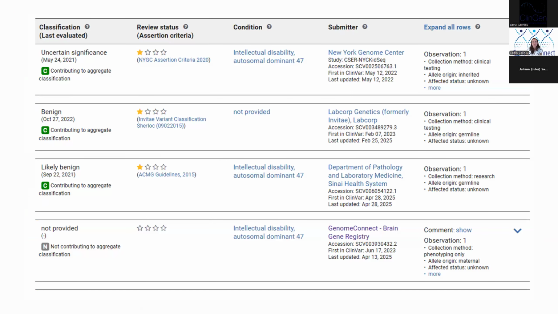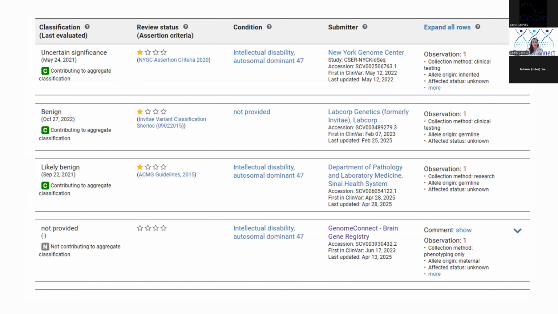Here is a screenshot of ClinVar, and all the way at the bottom, you can see a GenomeConnect submission. GenomeConnect does not classify variants ourselves. We report the classification that was on the laboratory report you gave to us, the classification provided by the laboratory that did the testing.